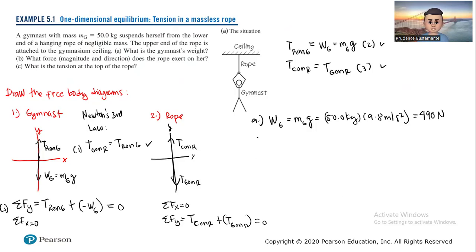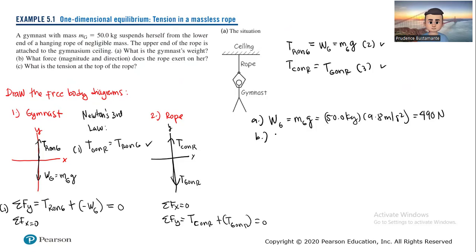So letter B. What force, magnitude and direction, does the rope exert on her? Okay. What is the magnitude and direction of the tension of the rope on the gymnast?